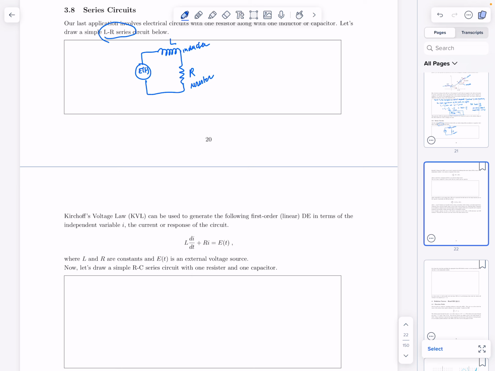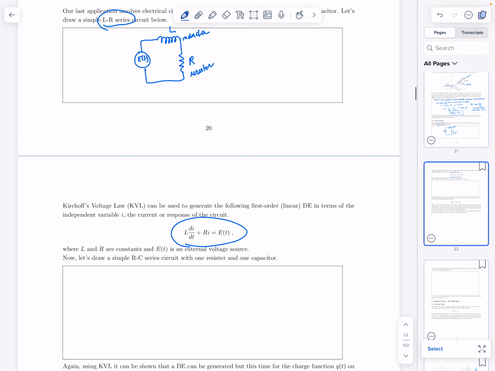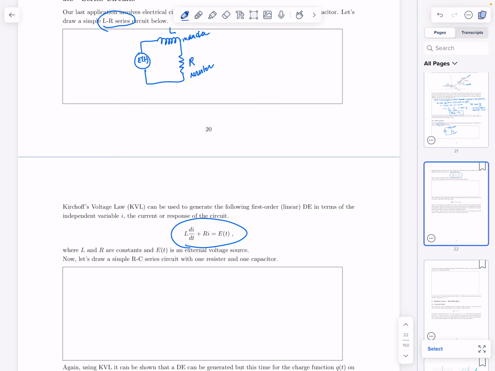In fact, all it is is this particular equation: L times di/dt plus Ri equals E of t models the current flow, or the response, sometimes they say, of a circuit. If you know the value of L, you plug that in. If you know the value of R, you plug that in. And then E of t could represent an AC source, or it could be a DC source, which is a battery, and you just represent the voltage.